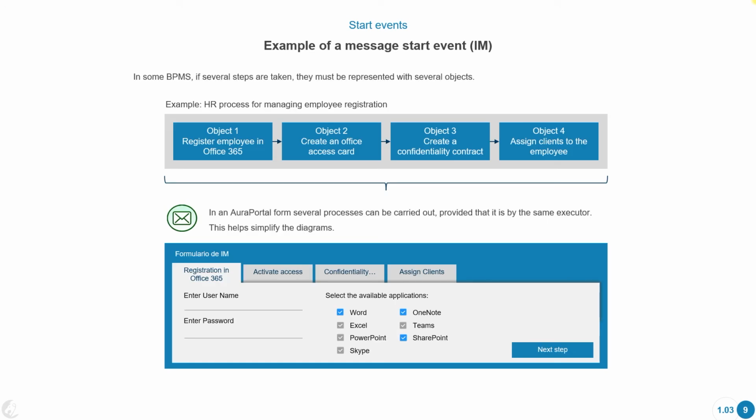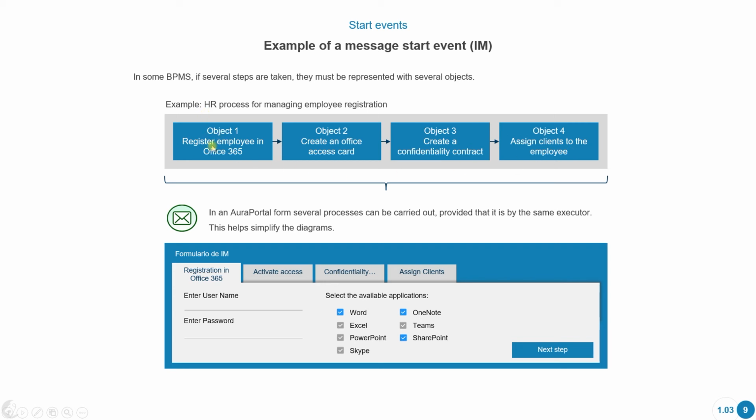Now, we have to take into account that depending on the type of BPMS tool that we're using to diagram our processes, it's interesting to know that in Autoportal, in one unique start event, you can have several actions. For example, here we have an example of how a different system would diagram a process.